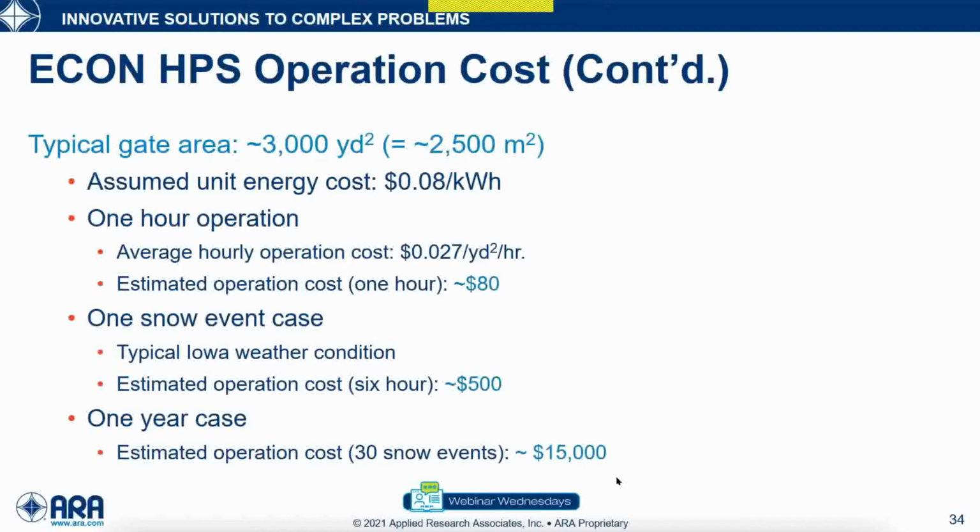That's the operation cost, 15,000, to prevent ice and snow. And they believe this is a very cost-effective approach to prevent ice and snow accumulation. And the best way to operate the system, as I mentioned, is to turn the system on in advance, to warm it up before the snow starts.